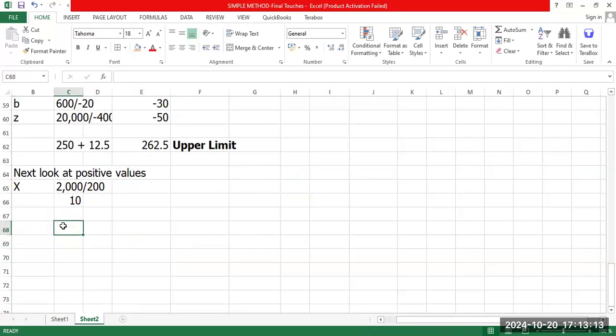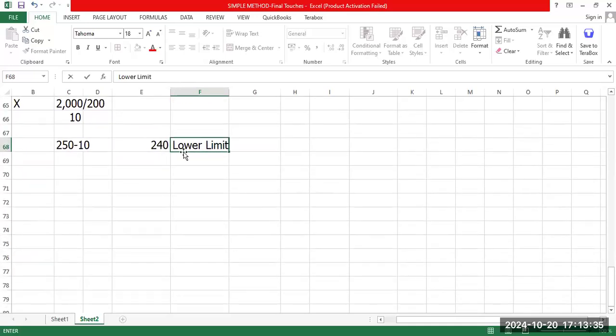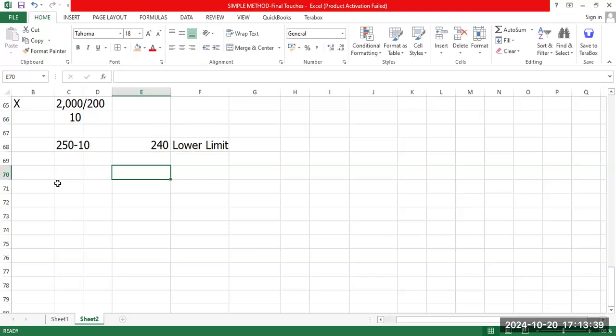Okay, so what will be my lower limit? I get 250 minus 10, which is 240, and it will be my lower limit. And now you conclude.